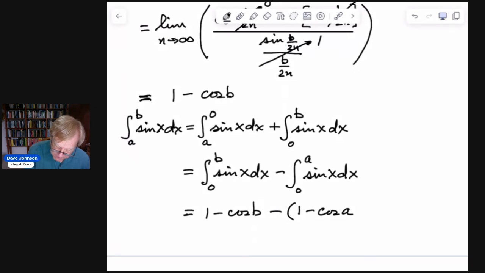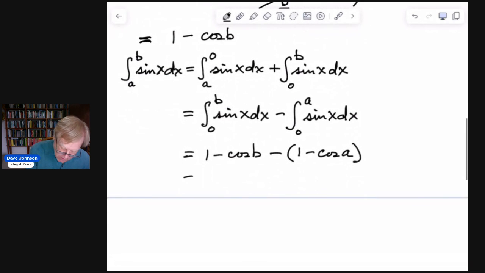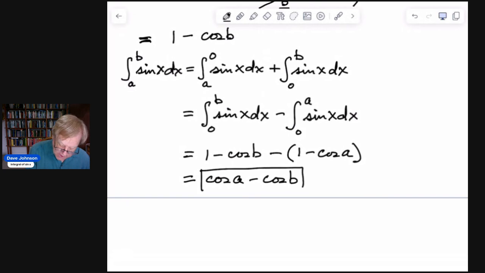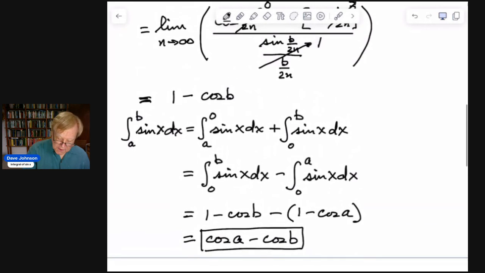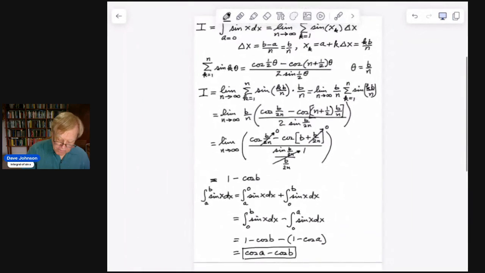So write this as an a, and then simplify. So the ones cancel, and you get cosine a minus cosine b. And this is exactly the answer that you would get if you did this using an antiderivative.